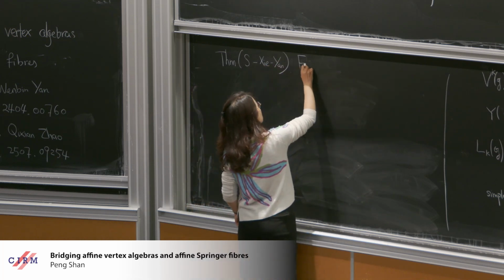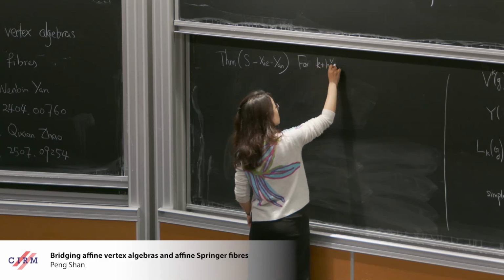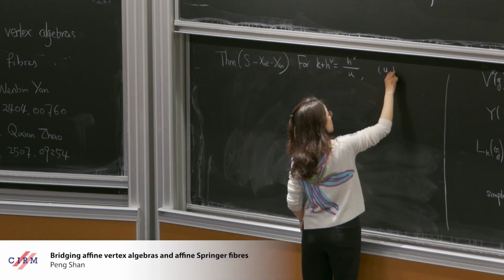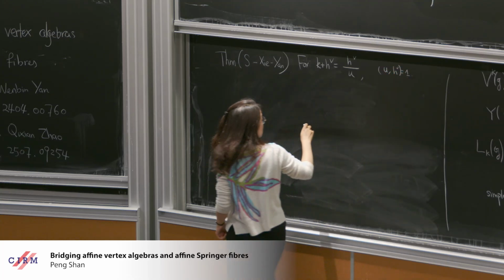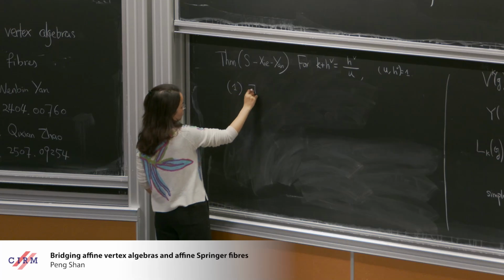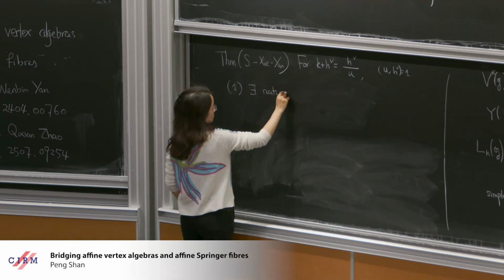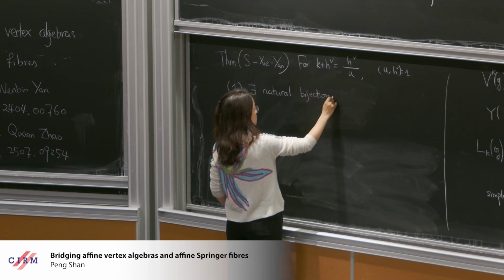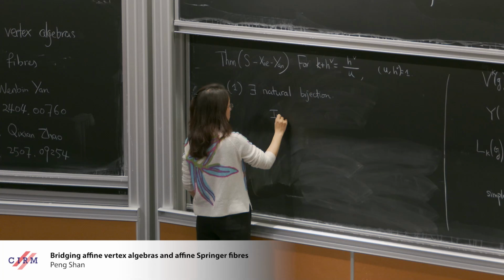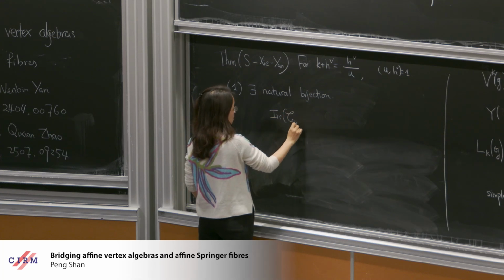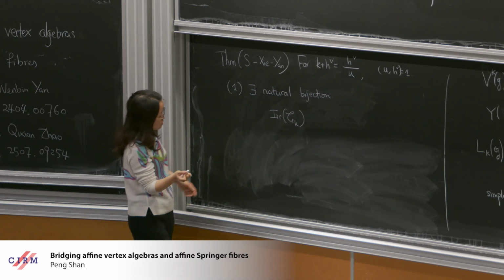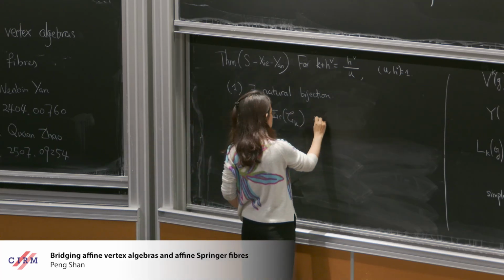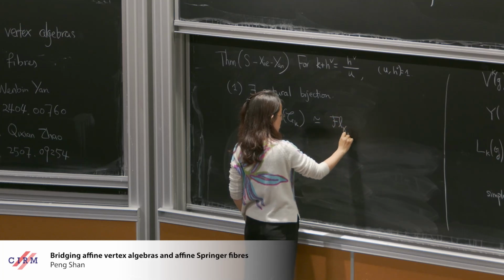So for k plus h check equals h check over u, with u as above, first, we show there's a natural and explicit bijection between irreducible representations of this admissible level, in this category C_k, and the fixed points in this affine Springer fiber.